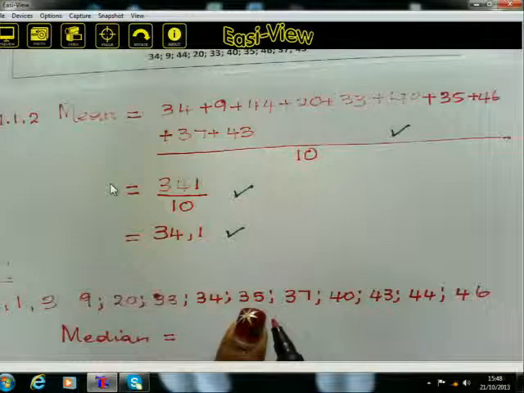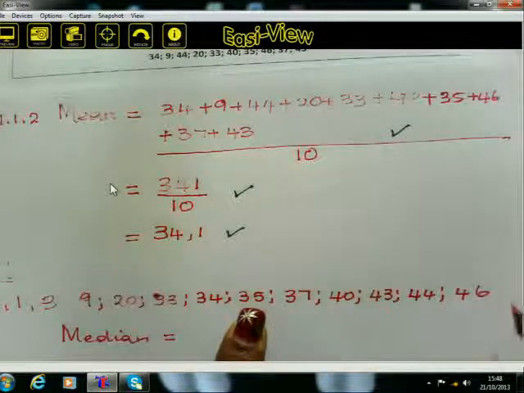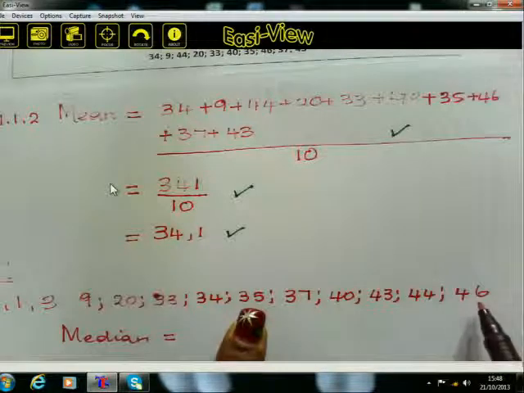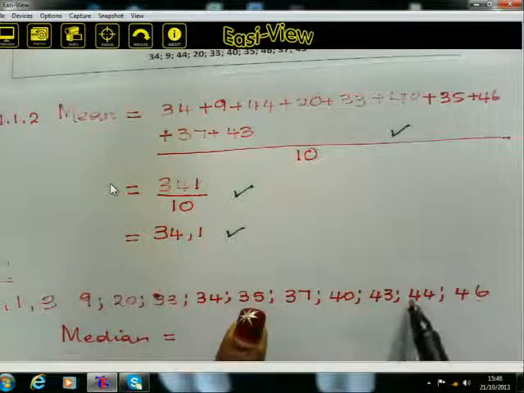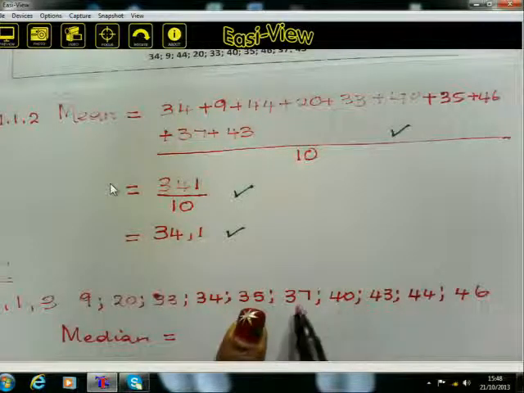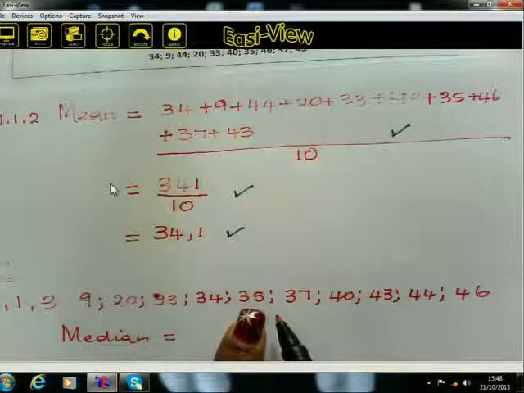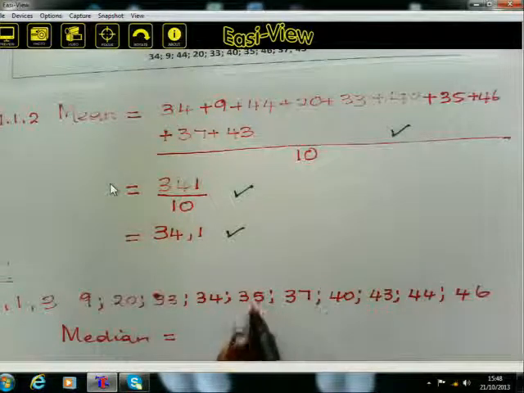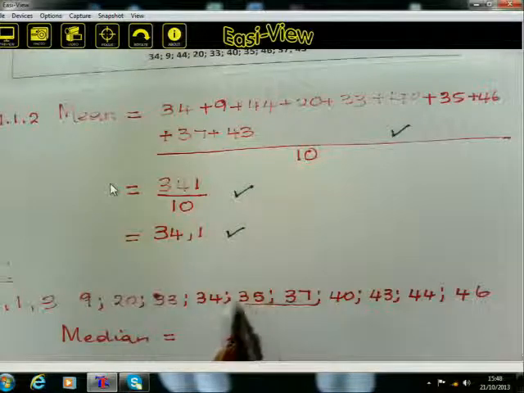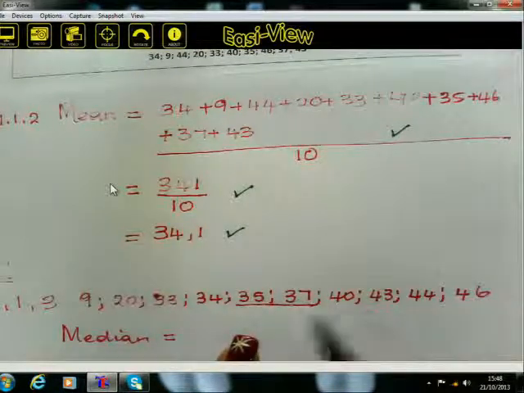Then you stop at number 35. You go to the right side, you start with 46, you say 1, 2, 3, 4, 5. So you've got 37 from your right hand side, and 35 from your left hand side. So you underline the 2 middle numbers.